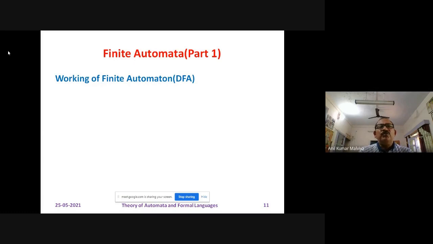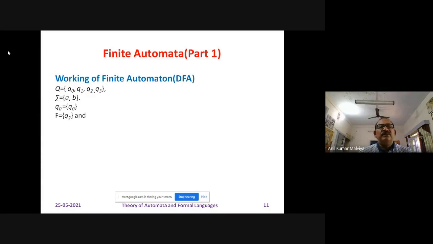Let us understand the working of a finite automaton with an example. Suppose the machine has 4 states, Q0, Q1, Q2 and Q3. Sigma is A, B, the input alphabet, a finite set of symbols. Q0 is the initial state.